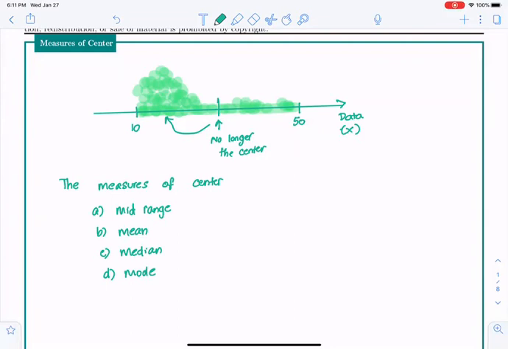All of these are used to find the center of the data.